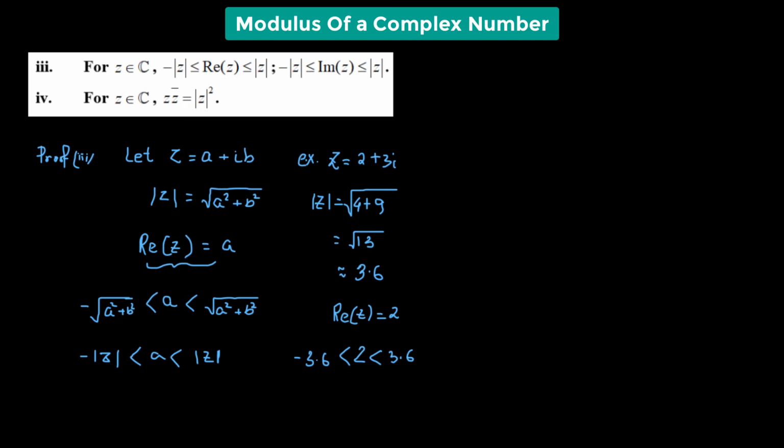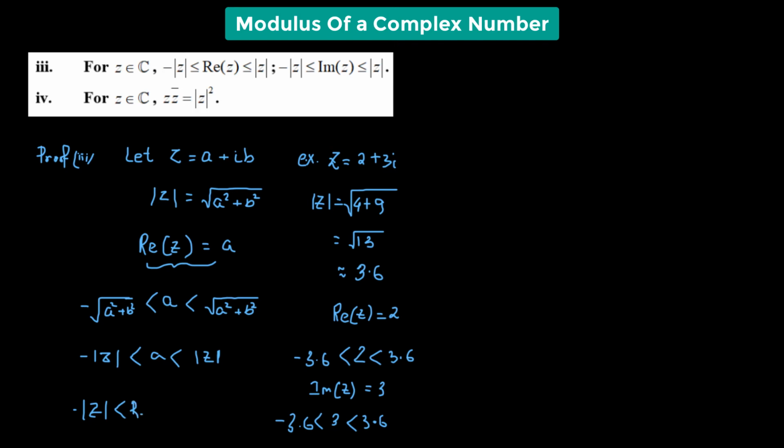If we look at the imaginary part of the complex number z equals 2 plus 3i, we have imaginary part equals 3, and that holds true as well. The value 3 is greater than negative 3.6 and lesser than positive 3.6. So let me rewrite it.